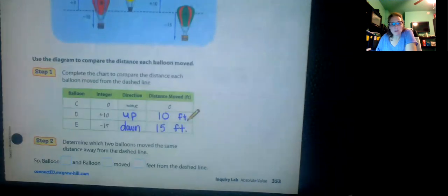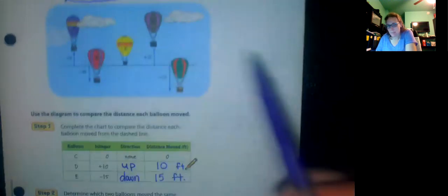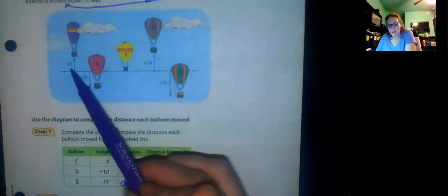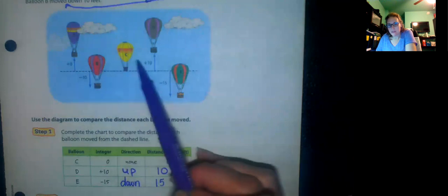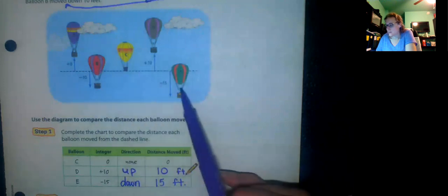So determine which two balloons moved the same distance away from the dashed line. If you look back, we want to find the two that have the same distance. So we have 8, a negative 10, a 0, a positive 10, and a negative 15. We know that here's a 10 and here's the 10.